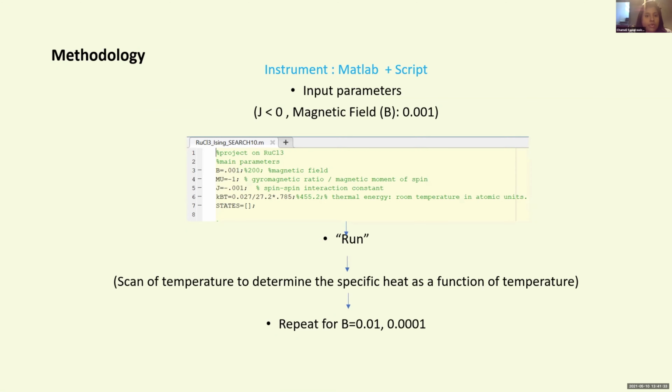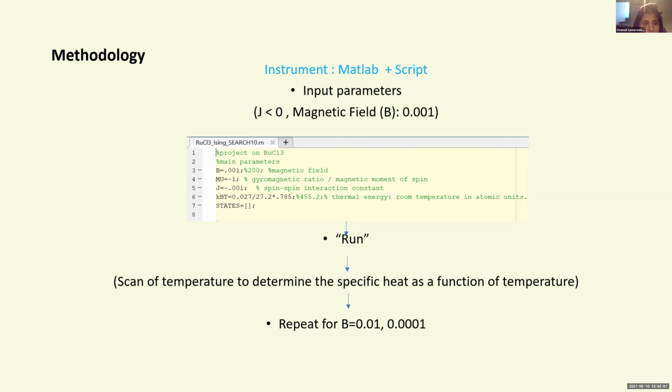So moving on to the methodology, the input parameters should be set as shown in the screenshot here. It is set to -J, and first I selected the external magnetic field of 0.001. Then the program was run on MATLAB and the graphs were obtained.